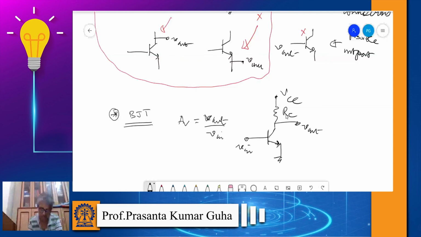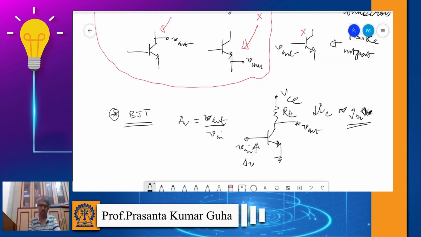If you increase V in by delta V, your current is also going to increase by GM delta V. So the collector current is going to increase, and the corresponding voltage, multiplied by the resistance RC, will be the corresponding increase in voltage.